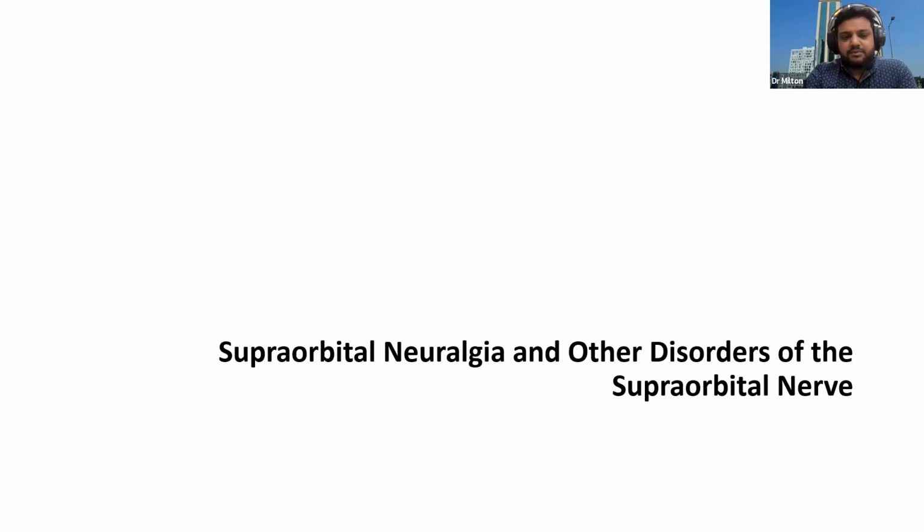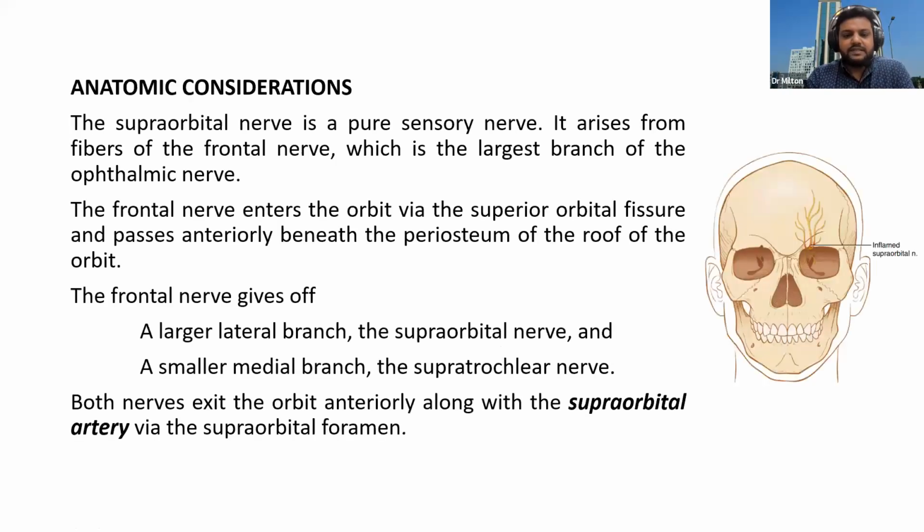We have discussed six nerves here: supraorbital, infraorbital, mental, maxillary, mandibular, and the auriculotemporal. The most important part is the anatomy, which was exclusively demonstrated, and the 3D anatomy was already shown by sir. Because if you know the anatomy, then the intervention, the pathology, and everything is very easy.